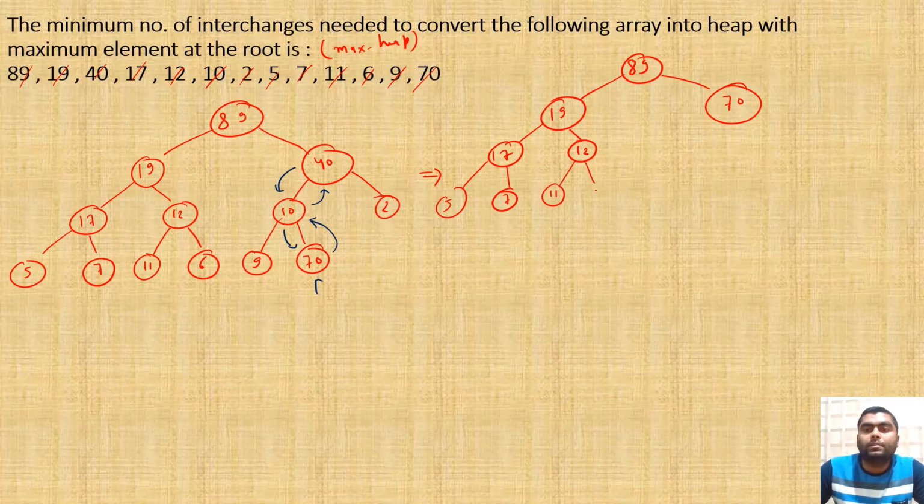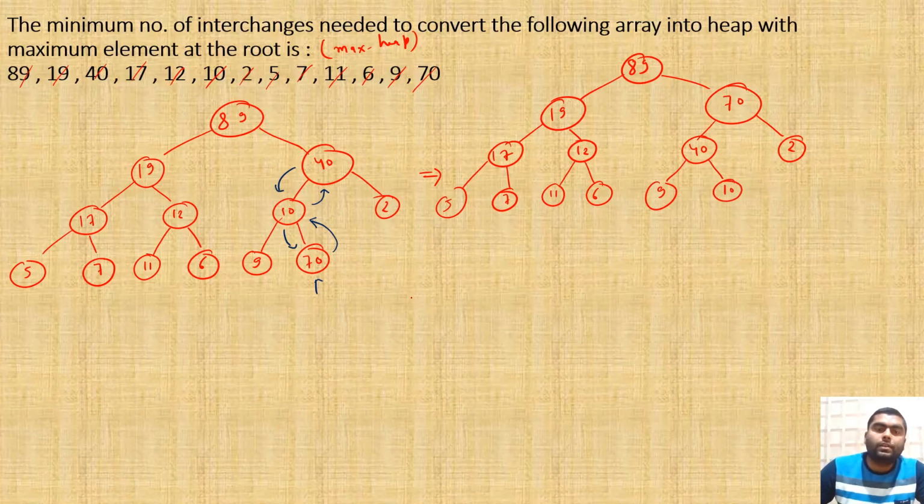The left child of 70 changes to 40, and the right is the same, the left is also the same, and the right is also an interchange, so it is 10. So finally the number of interchanges required is 2.